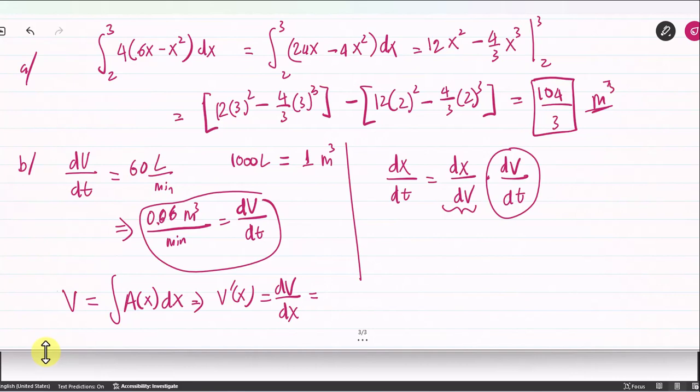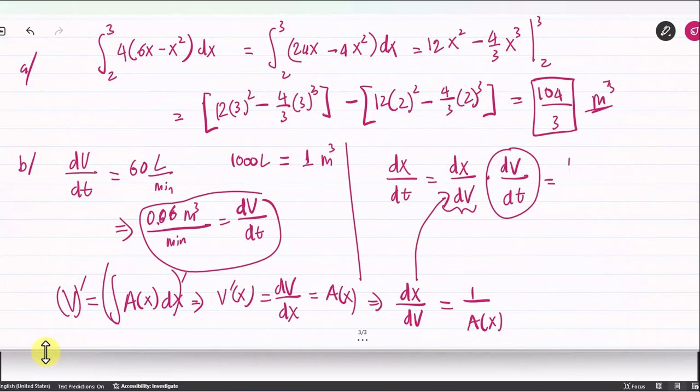You take the derivative on both sides, and you undo the integral, so you get back A of x. So dV/dx is just A of x. Therefore, if I want dx/dV, I just take the reciprocal of that, which is 1 over A of x. So now I should have dx/dt as 1 over A of x multiplied by dV/dt.